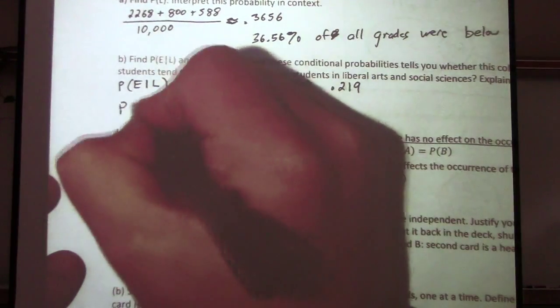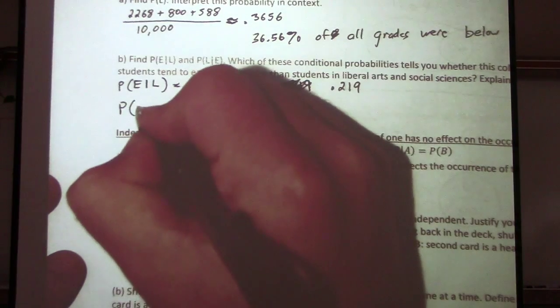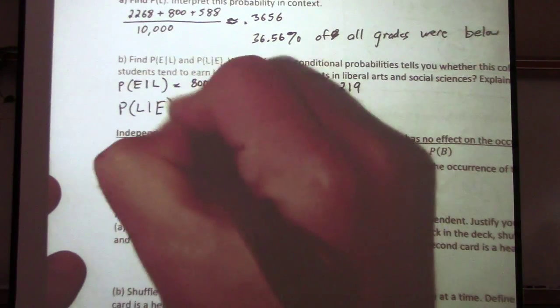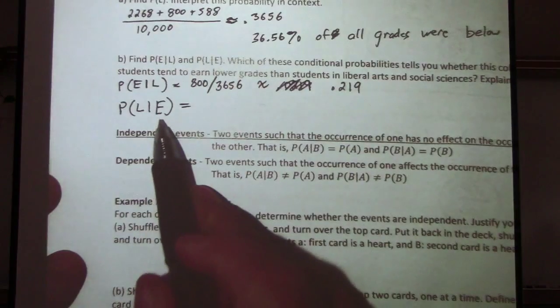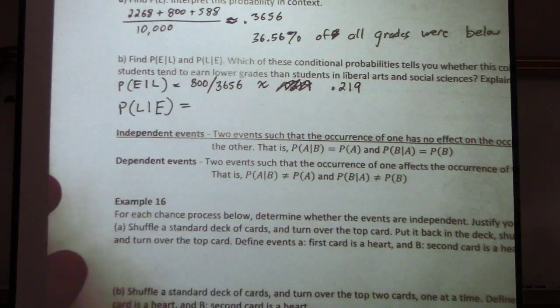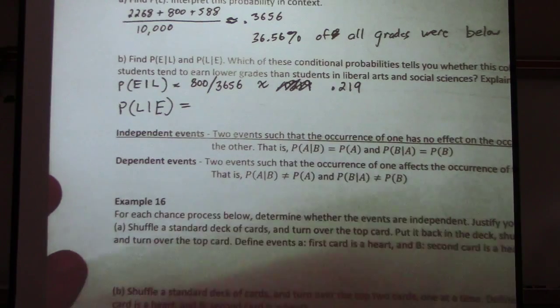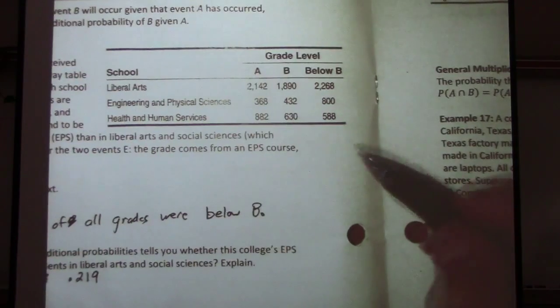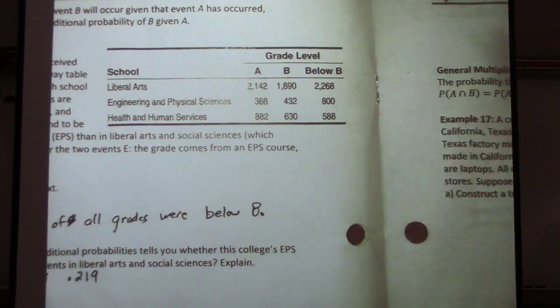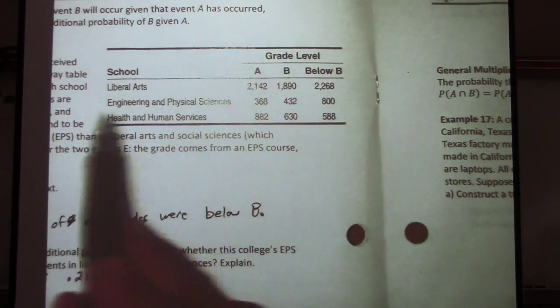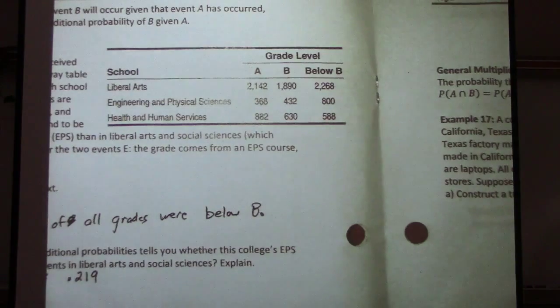And in contrast, the probability of L given E would mean, of the engineering students, what proportion got a grade below a B. So on this one, we're not looking at this column anymore. We're looking at this row. This should remind you of conditional distributions from chapter 1.